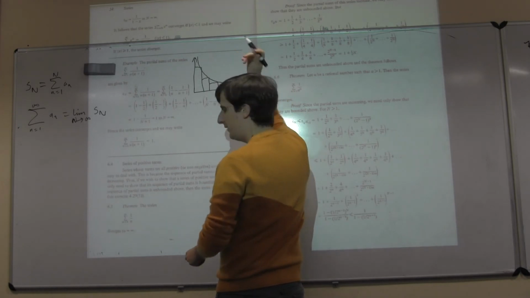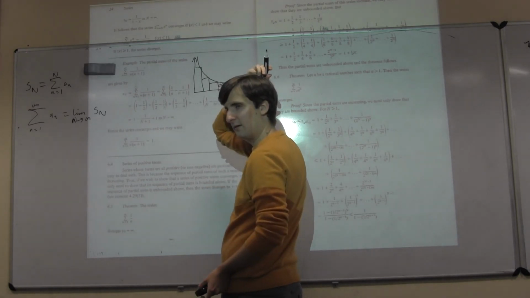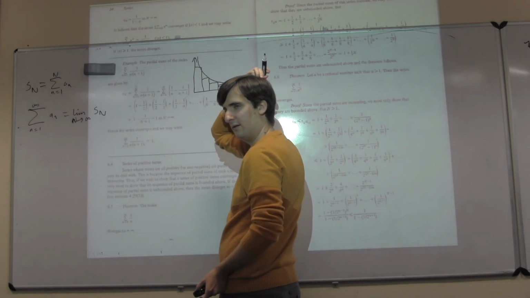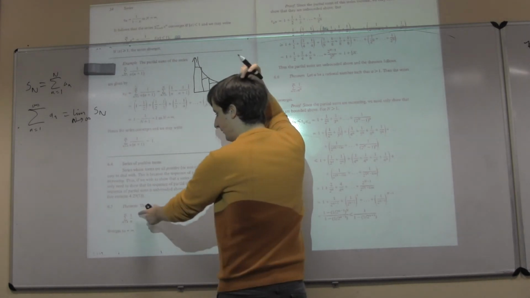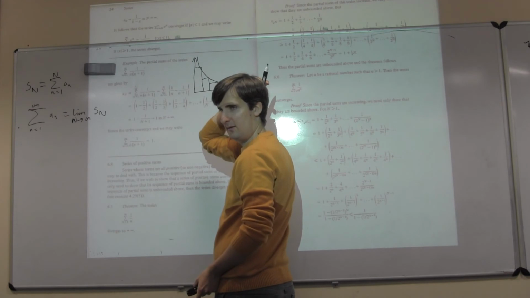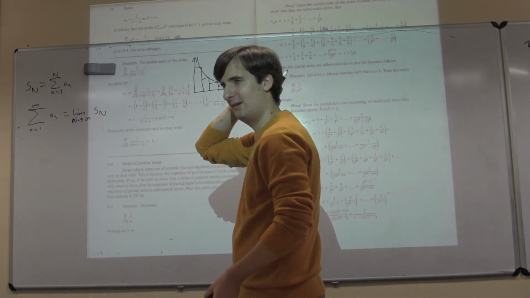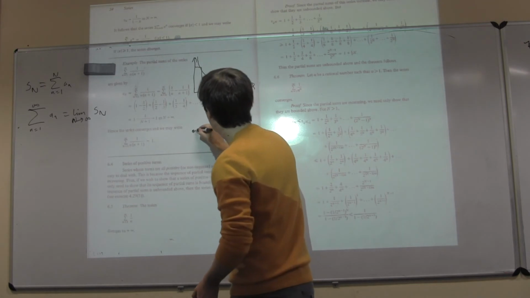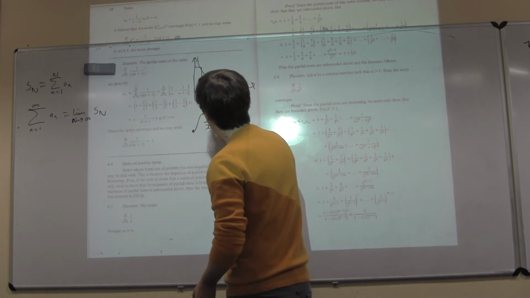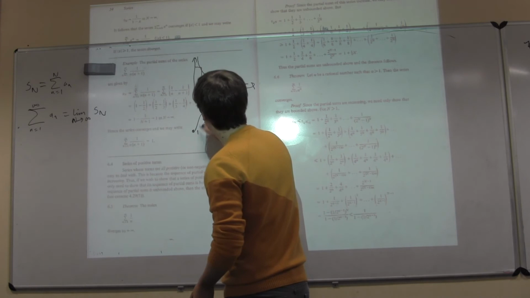What's the integral of 1 over x? It's a long time since you saw an integral. So what's the integral of 1 over x from, I don't know, 1 to infinity?